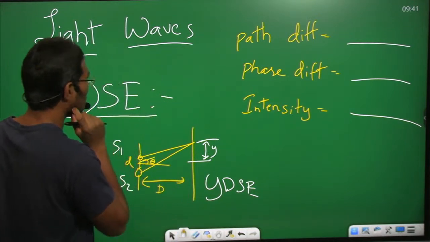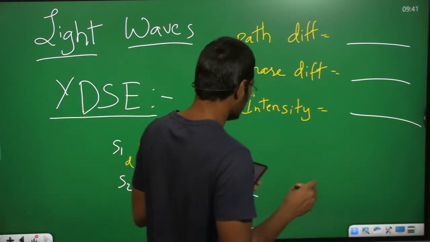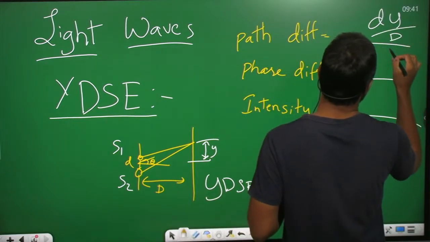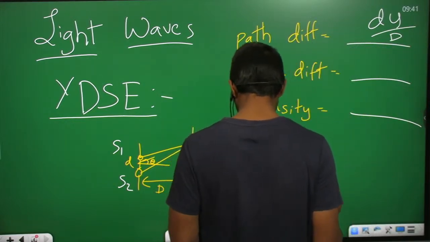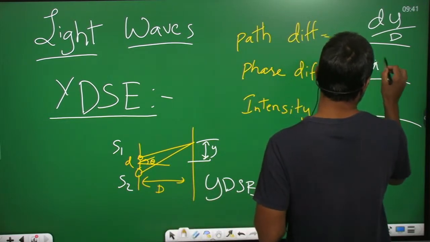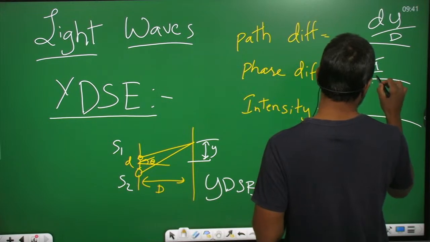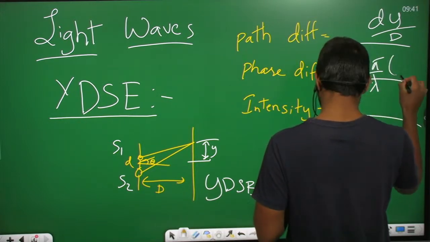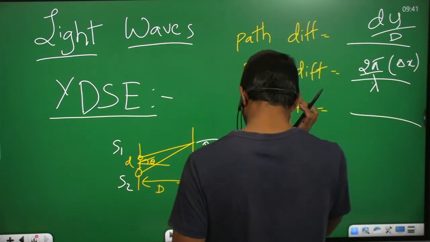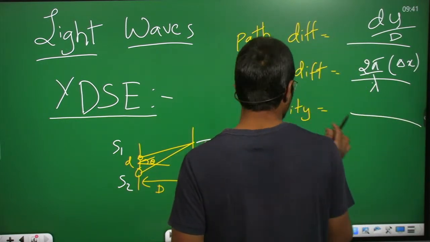See, what is this path difference? This is yd by D. What is this phase difference? 2 pi by lambda into delta x. What is this delta x?